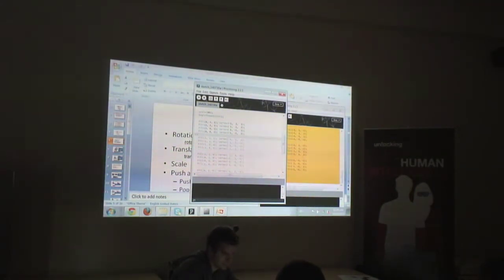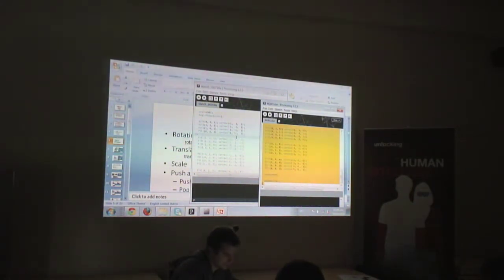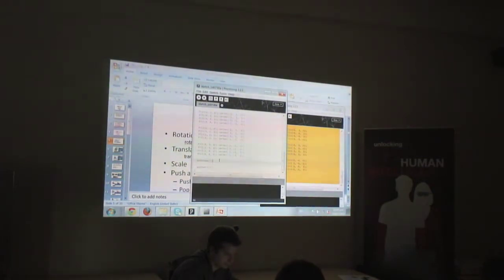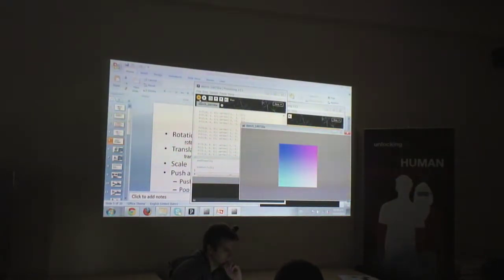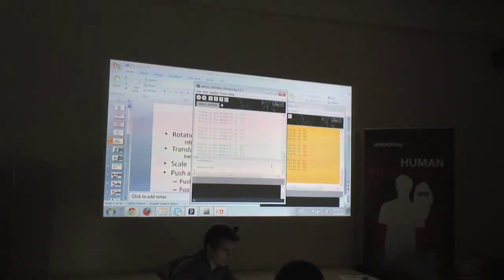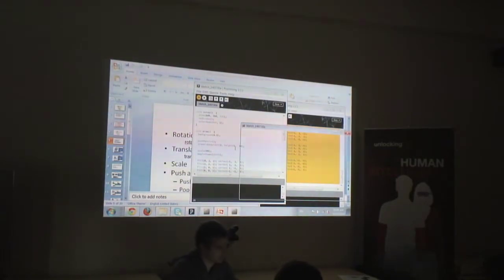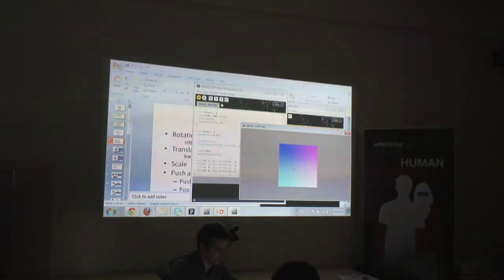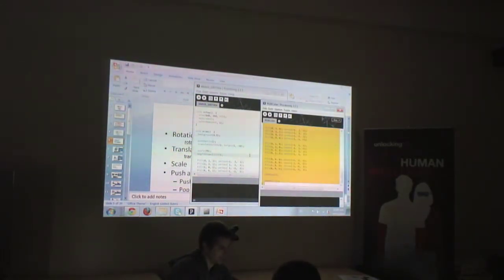Try and figure out which side is the front. There we go. Cool. Right. So now we have a nice simple example which just draws a single quad on our screen.